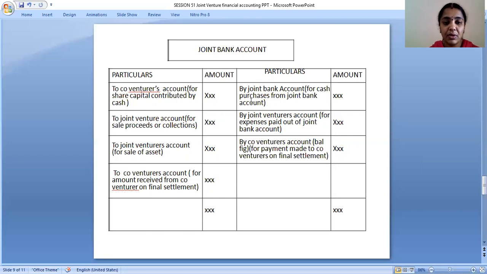On the credit side: by joint venture account for cash purchases and expenses paid out of joint bank account; and by co-venturers account, the balancing figure, for payment made to the co-venturers on the final settlement. This is the format to follow for the joint bank account.